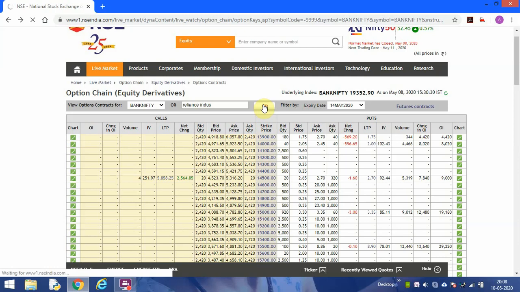In stocks, normally you won't get such volume of open interest and change in open interest. The numbers will be less, so you have to be mindful of that.